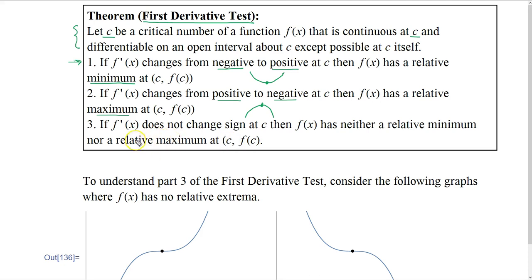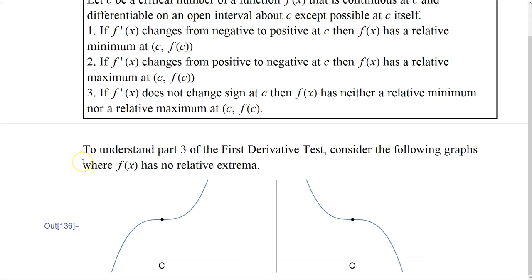To understand the third case a little bit better, let's look at these two graphs down here. So notice for this first graph, our derivative is 0 at c, so we do have a critical number. The derivative is 0 right here because we have a horizontal tangent line. And notice that we do not have a relative minimum nor a relative maximum at this point.